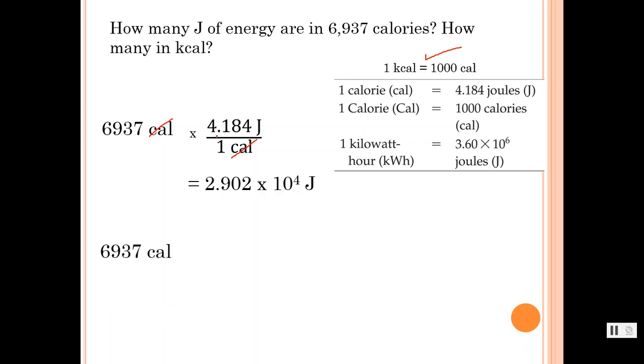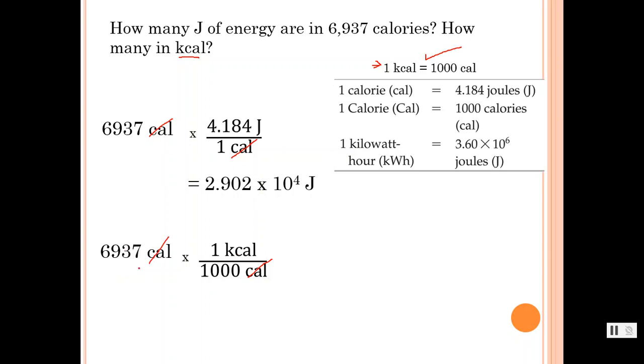We wanted to figure out how many kcals that would be. We would use this conversion factor that for every 1 kcal there's 1,000 calories. Again, written so that my calorie units cancel, and I'm left with the unit I'm looking for in the numerator.